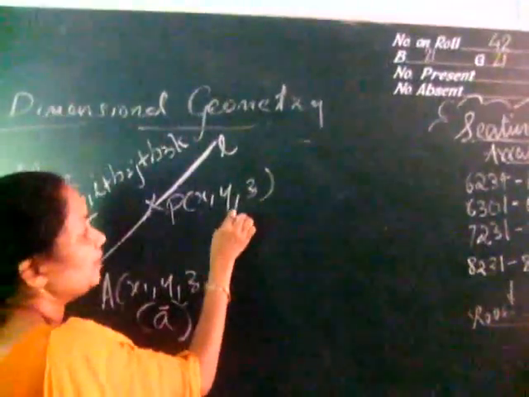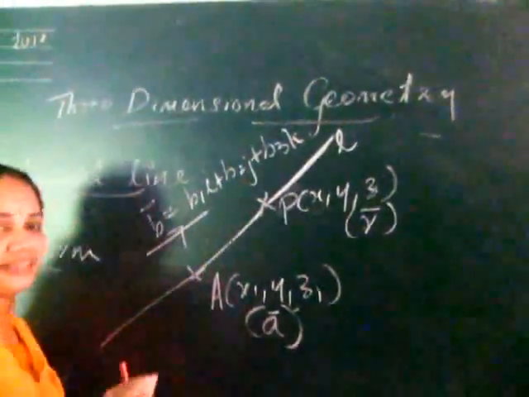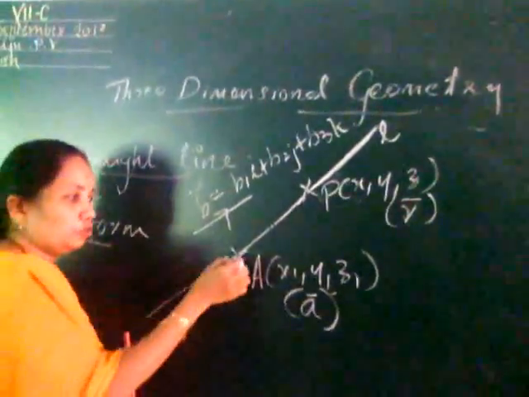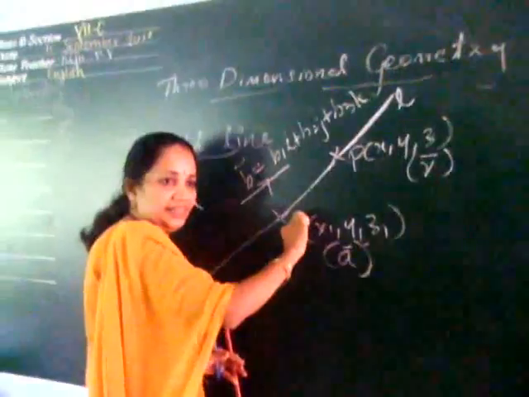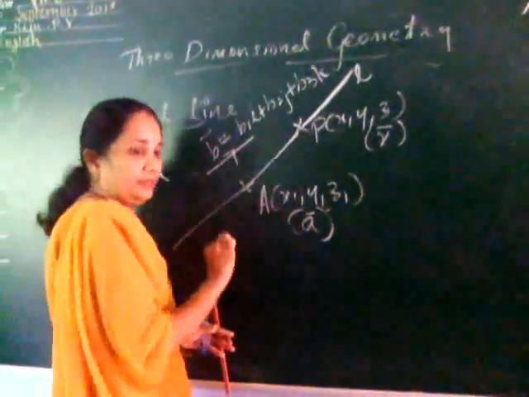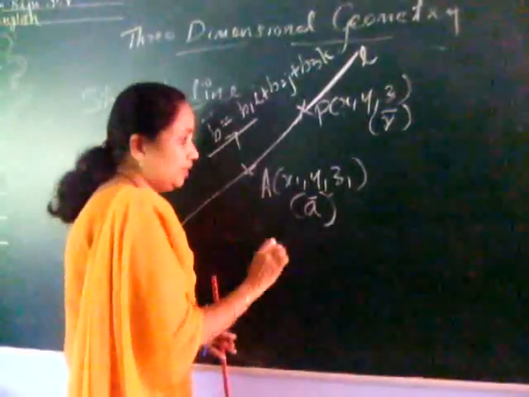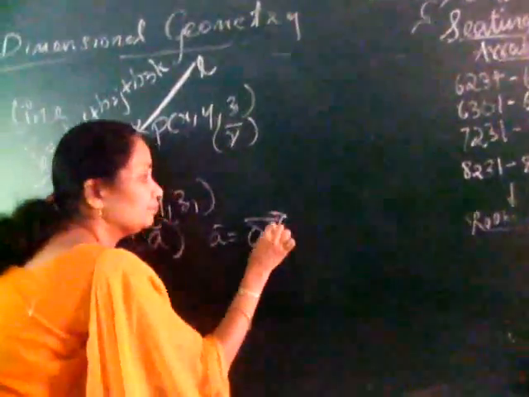And the position vector of P is vector R, and this vector parallel vector is B. In the previous chapter we have seen the position vector of the point A is a vector directed from origin to A, that is OA.